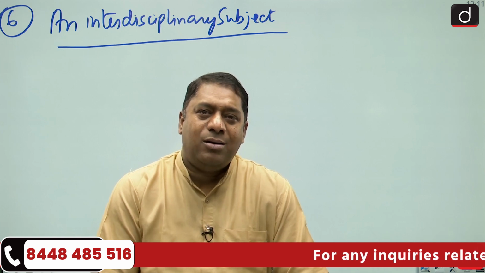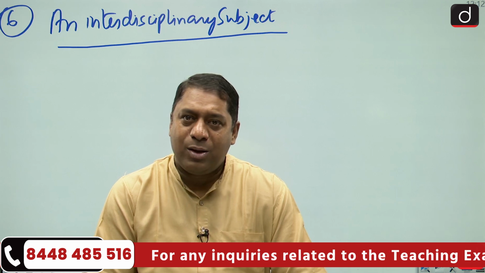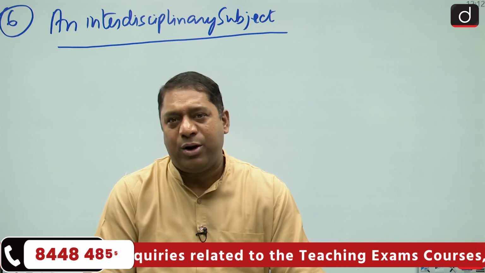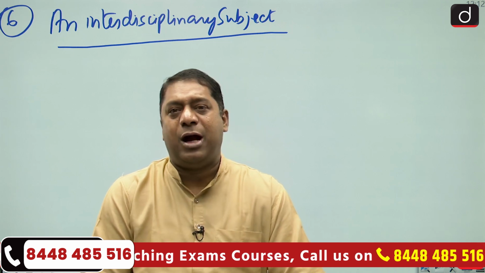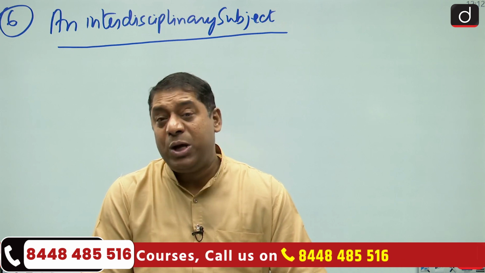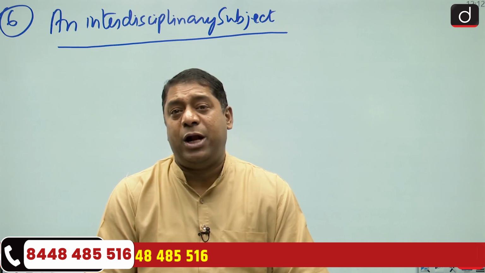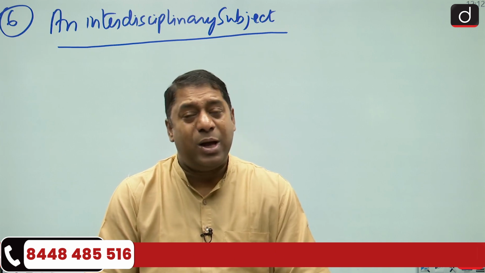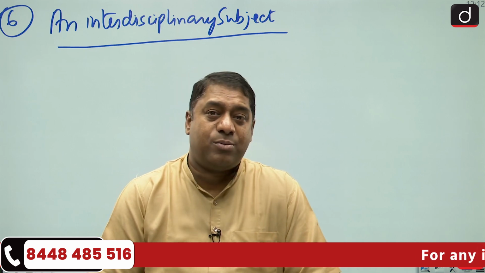आप देखो ना, economics is also related to international relations. History is also related to international relations. Political science is also related to international relations. Philosophy is also related to international relations. Geography is also related to international relations. So every social science is connected to international relations.